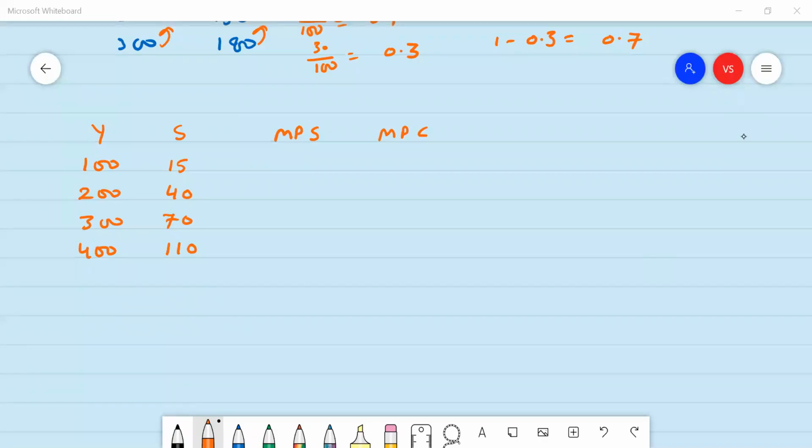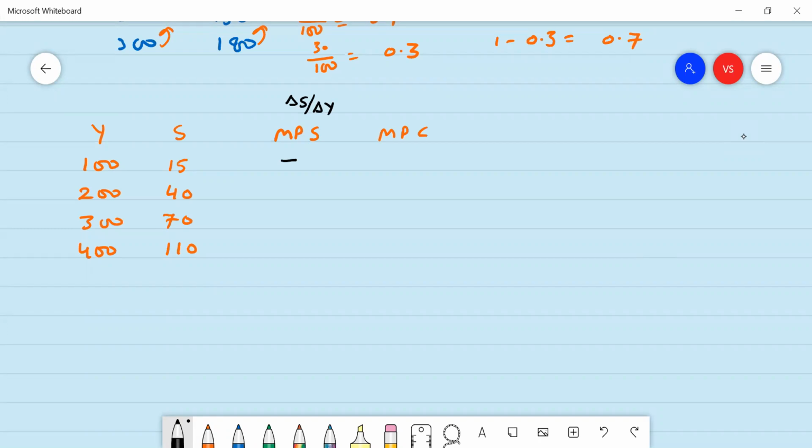So look, I gave you this question. Now for MPS, again you can use the simple formula, delta S upon delta Y. I told you that the first margin cannot be calculated, so write it as dash.